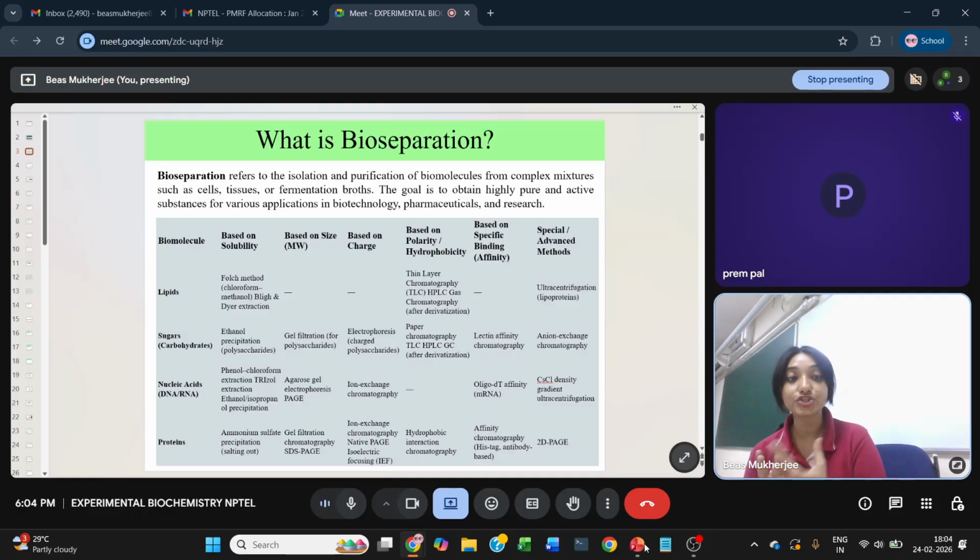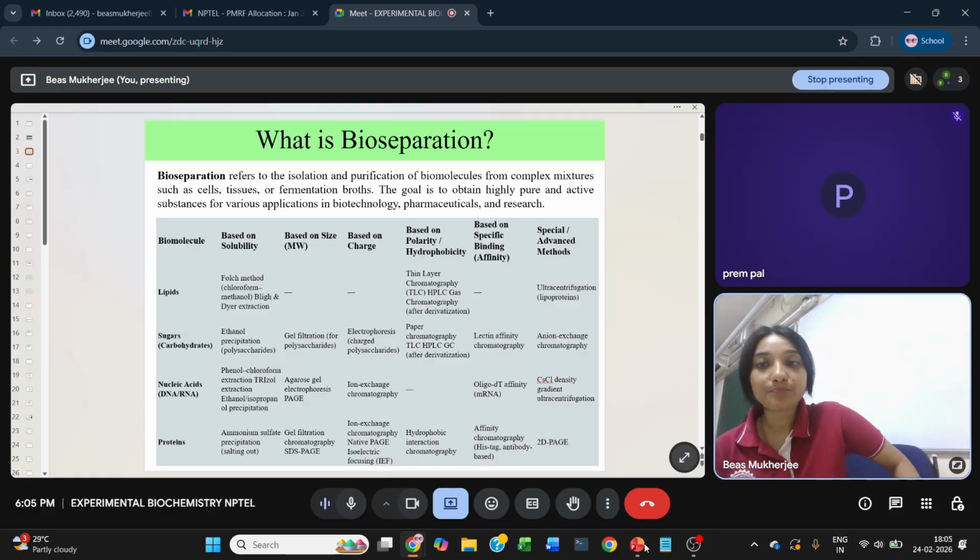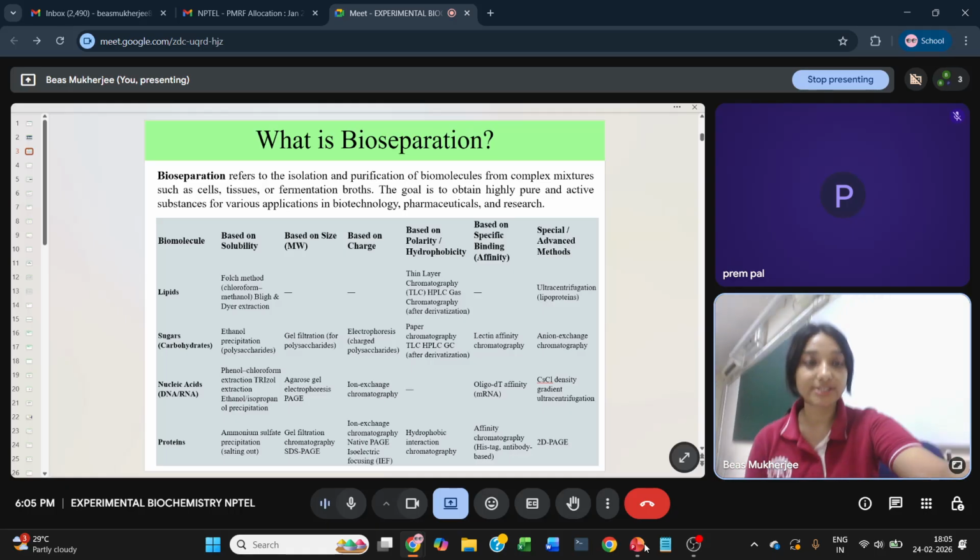You may want to engineer them or use them specifically for one particular study. For that, separation is one of the most essential techniques. So we will start with bioseparation.